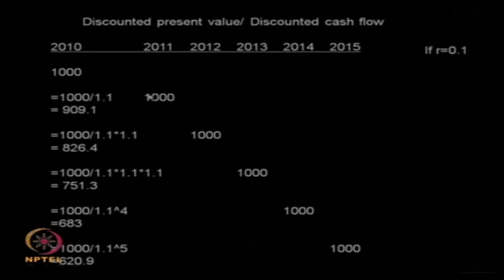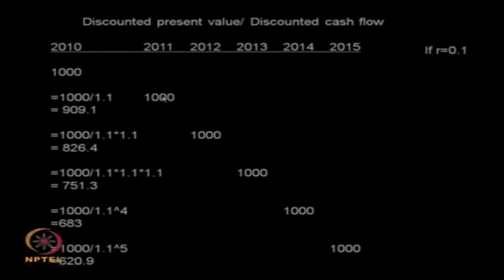So imagine somebody is saying that they will give you 1000 rupees in 2011, 2012, 2013, 2014 and 2015. Using this discounted present value formula, you can say this money is equal to 909, this is equal to 826.4, this is equal to 751.3, this is equal to 683, and this is equal to 620.